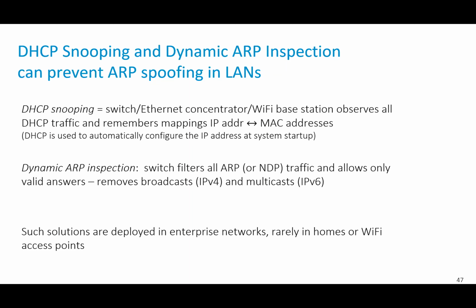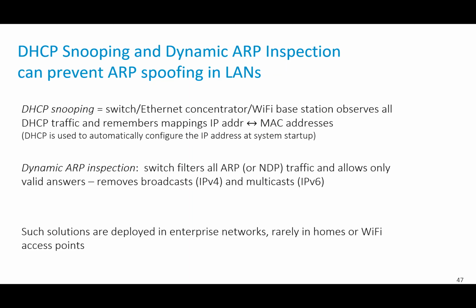In such managed networks, of course, the switch knows the MAC addresses of everyone. So in such networks, the switch will capture the ARP or NDP-NS packets and will directly reply to them. So it will act as a proxy. So the ARP packets will not be forwarded to everybody.